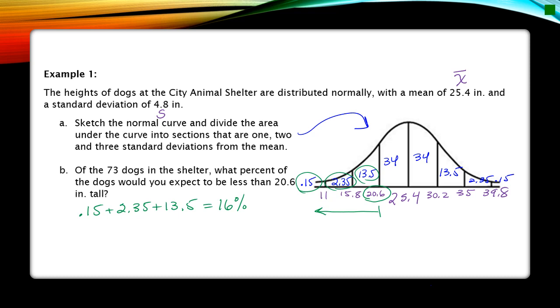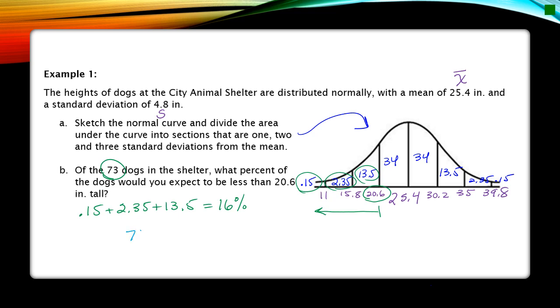Now, a lot of times when it gives you the total number of, in this case, dogs in the shelter, what they're going to do is ask you to find how many dogs that translates into. So if that were the case, which it is going to be moving forward, what you would do is take the total number of dogs, which is 73, and multiply it by 16%.